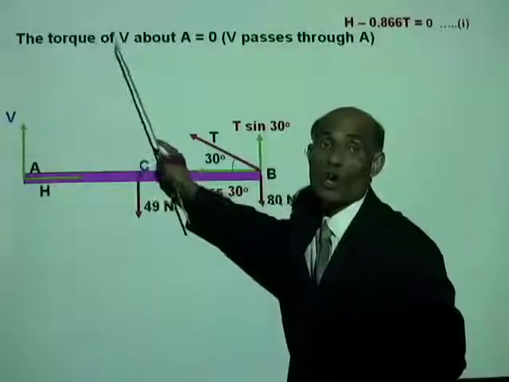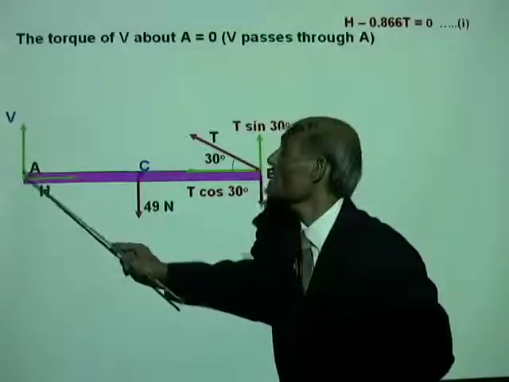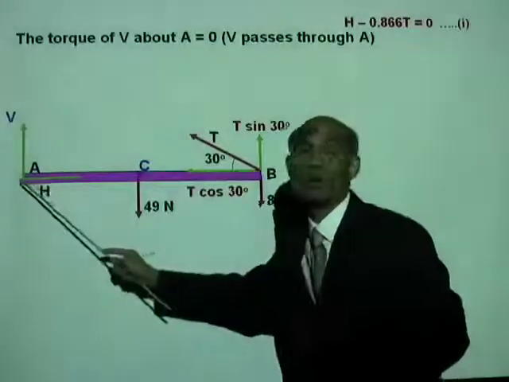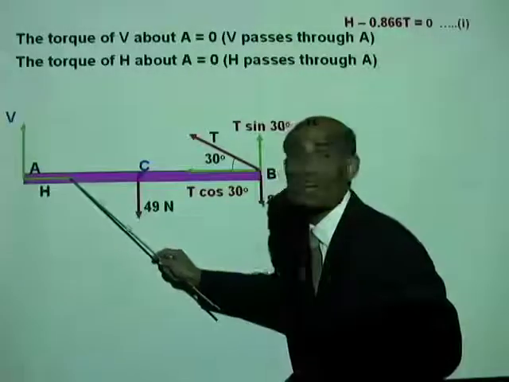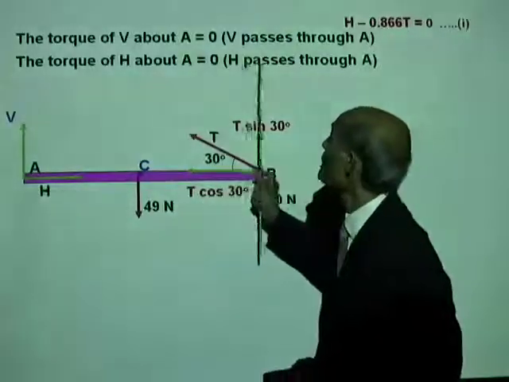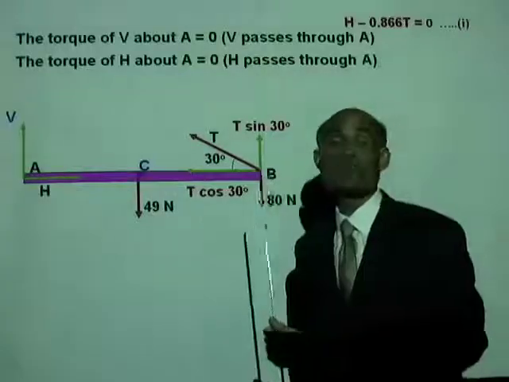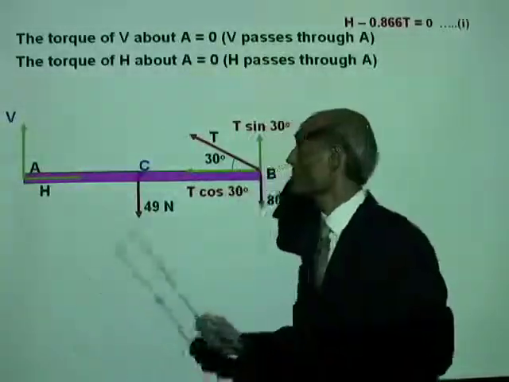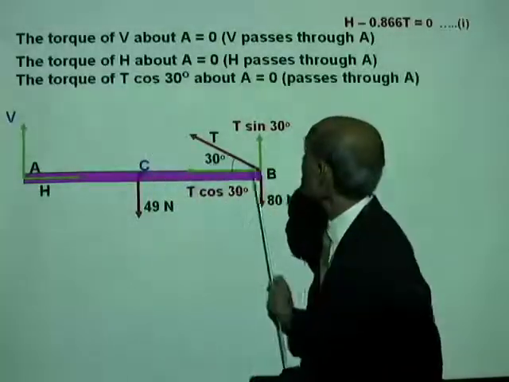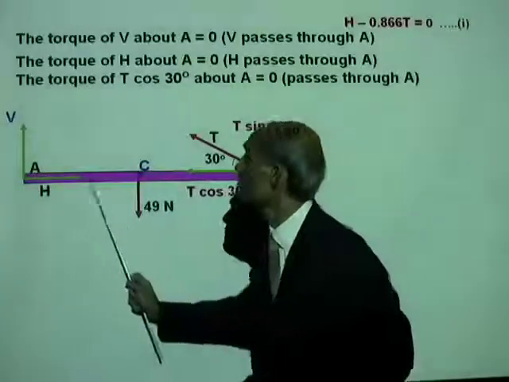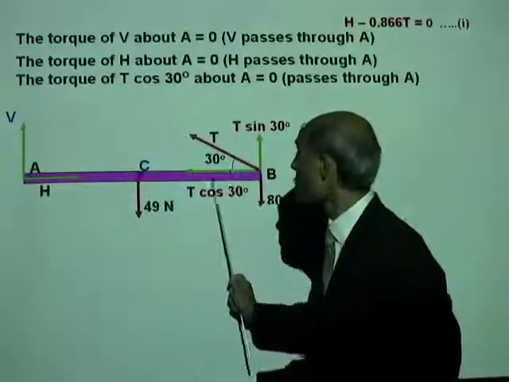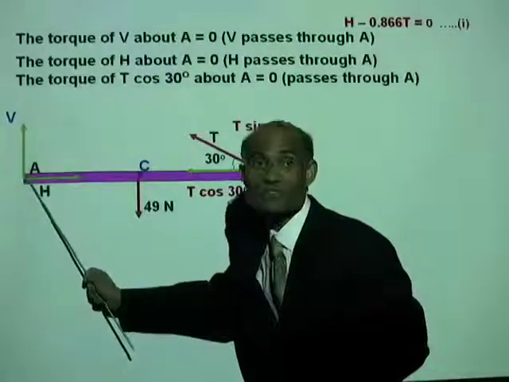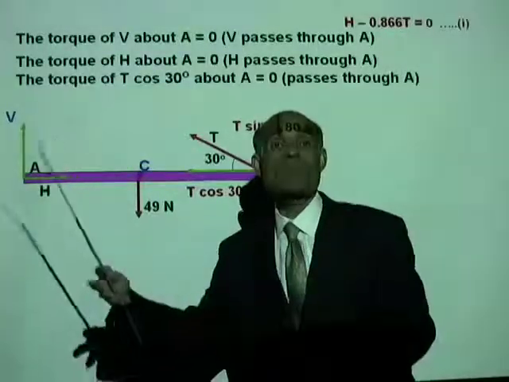The torque of the force V about A is 0 for obvious reason. The torque of H about A also is 0 because H also passes through A. And the torque of T cos 30 degrees about A is 0 because that force also passes through A. The torque arm is 0.